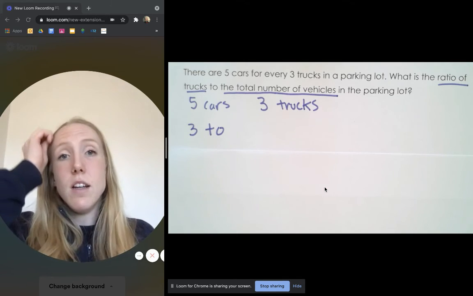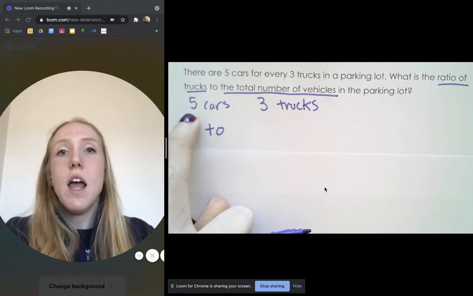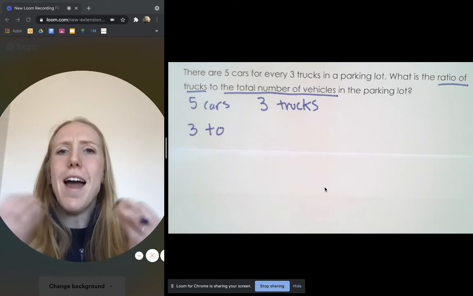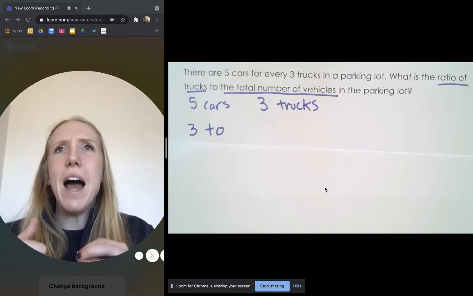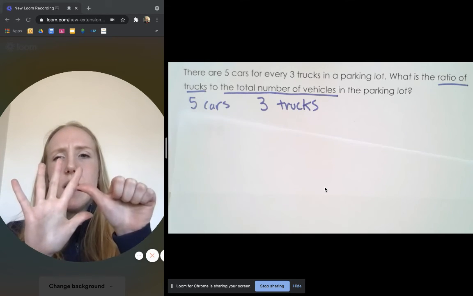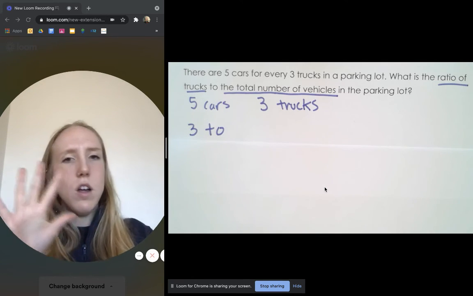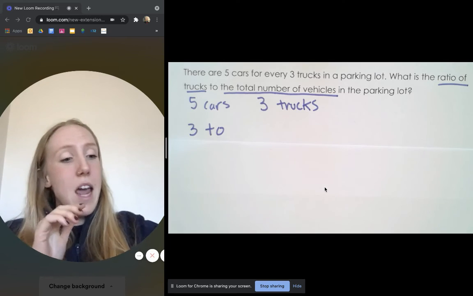Total means add. So altogether, there's 5 cars and 3 trucks. So together, how many vehicles are there? 5 cars, 3 trucks. So 5, 6, 7, 8. So the total for our ratio is 8.